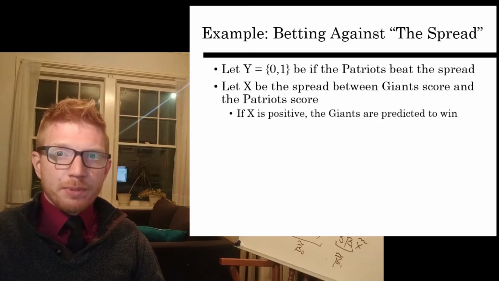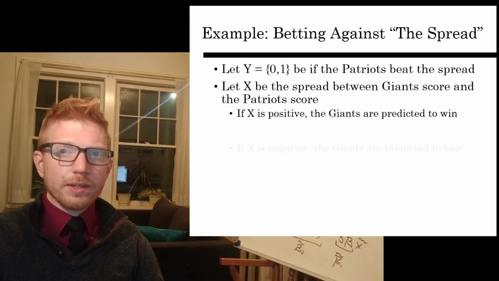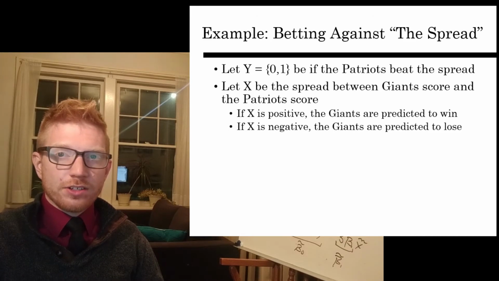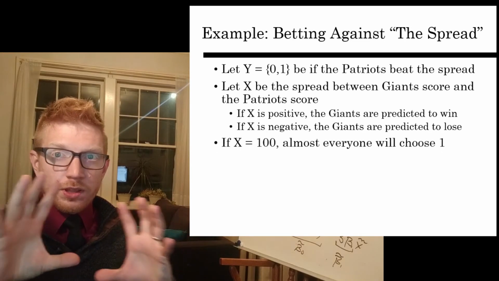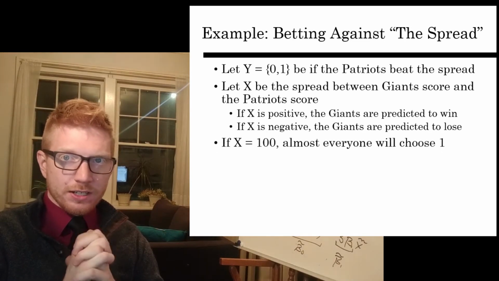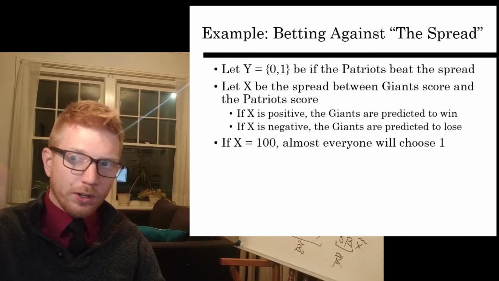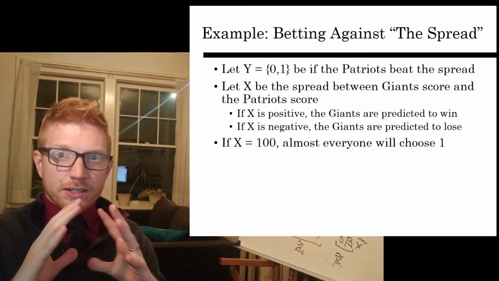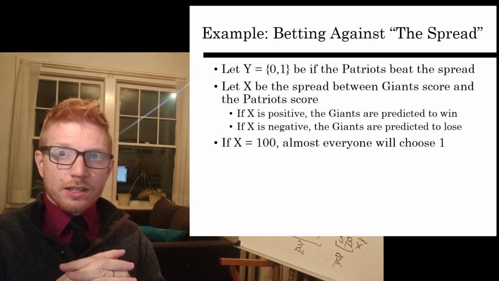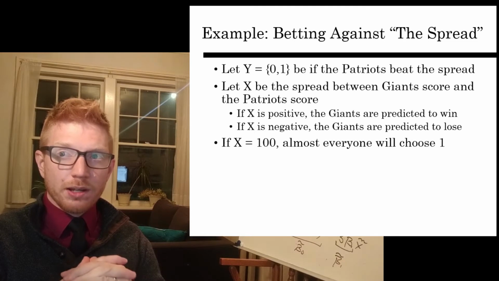If X is positive, the Giants are predicted to win. If X is negative, the Giants are predicted to lose and the Patriots are predicted to win. So thinking about the extreme values here, if X is all the way out to 100, the Patriots would have to win big. They'd have to win by 100 points.